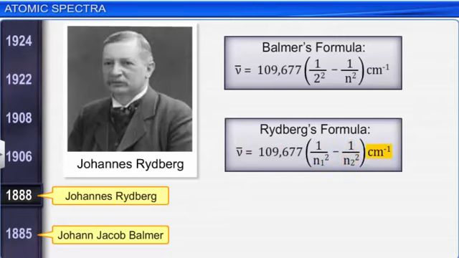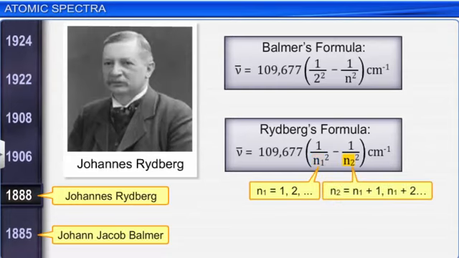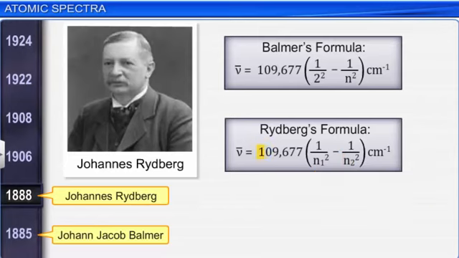Here, n1 is equal to 1, 2, 3, etc. and n2 is equal to n1 plus 1, n1 plus 2, etc. The value 109,677 per centimeter is called the Rydberg constant for hydrogen.